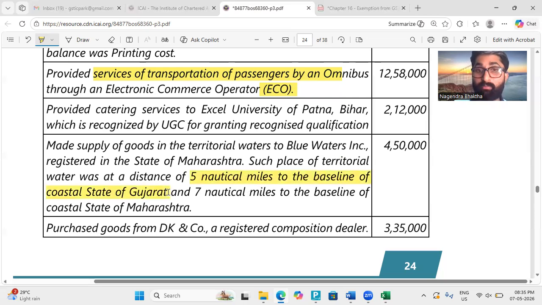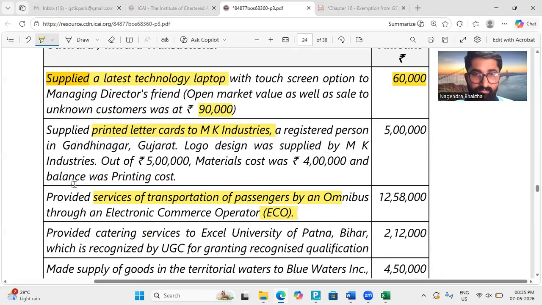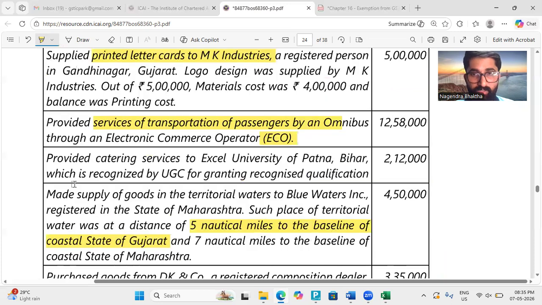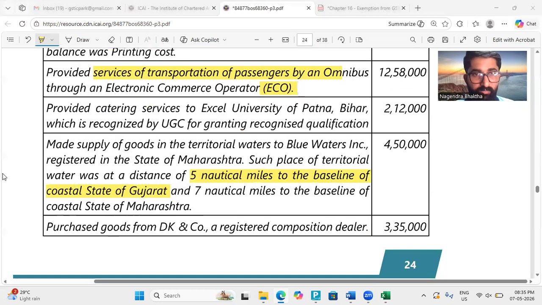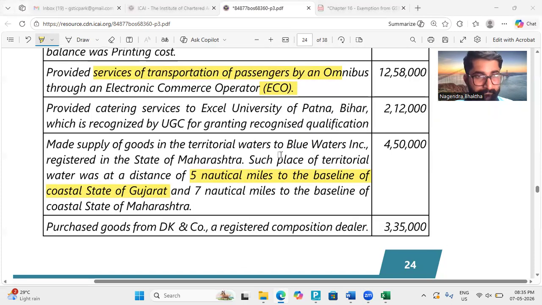So the place of supply will be Gujarat, and the supplier is also in Gujarat. So it is intra-state. The value is 4,50,000. Made supply of goods. This is goods anyhow.